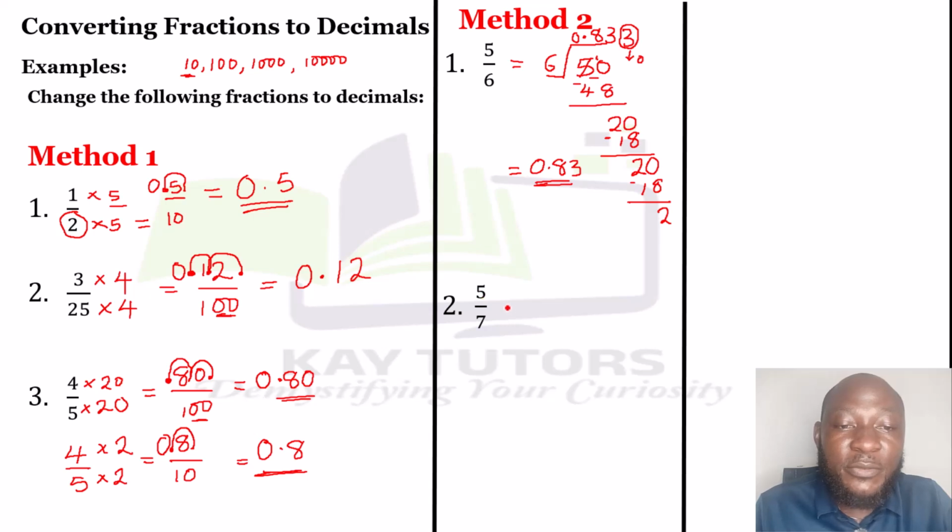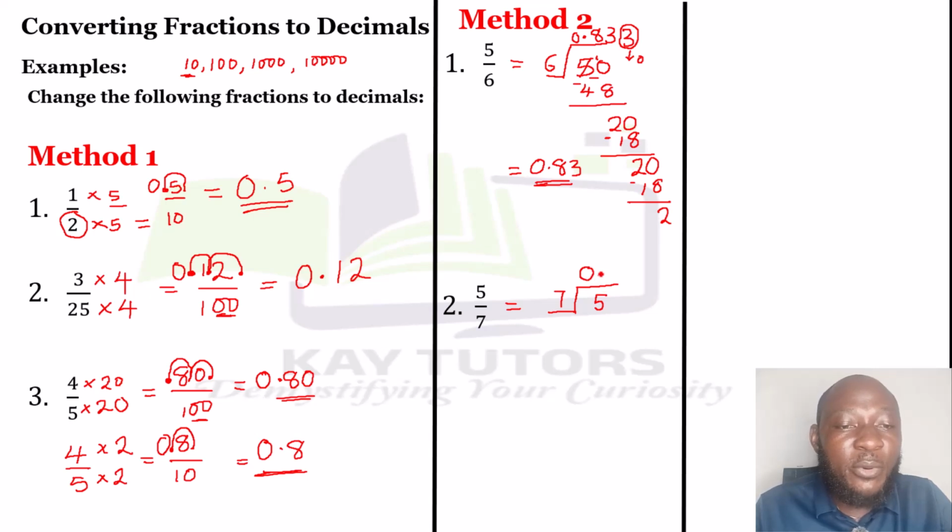5/7. So for 5/7 again, I'll draw my dividing line and I have my 5 inside the dividing line and 7 outside. 5 is the numerator and 7 is the denominator. Again, 7 into 5 is not possible, so I'll write 0 and I'll put my point here.